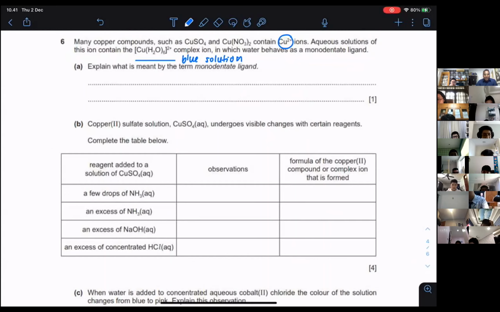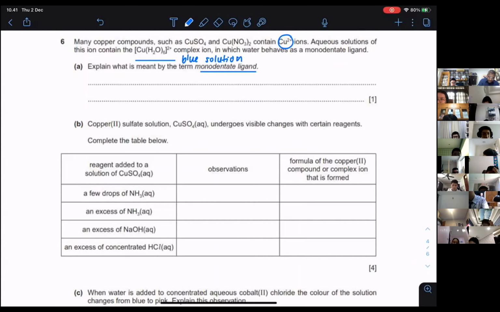What is meant by monodentate ligand? I want someone to tell me. Maybe Jasmine, can you define monodentate ligand for me? A species with one coordinate bond to the central metal atom with a lone pair of electrons.